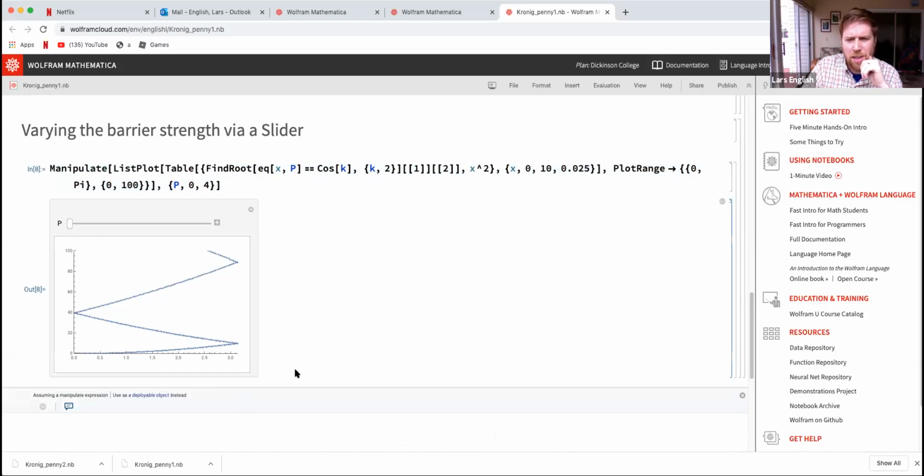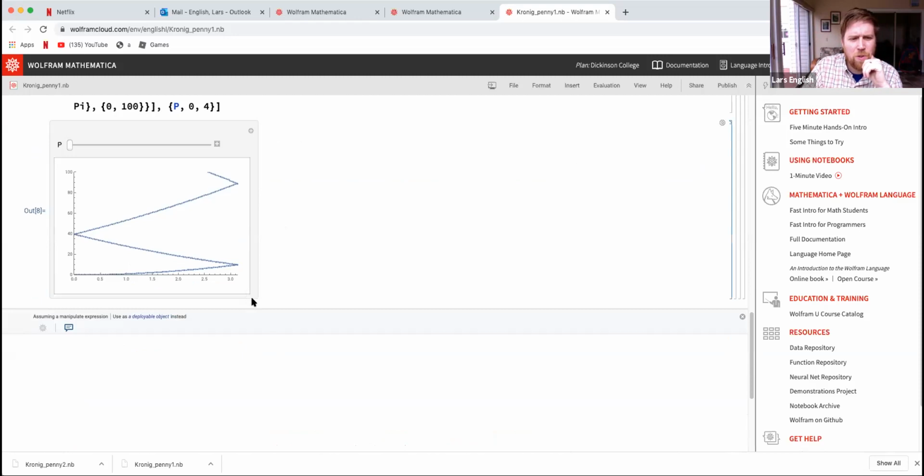I wonder if I can make that a little bit bigger for you here. It's having trouble expanding, I believe. Okay, I can't expand it, but you might be able to see it here. Up on top is the slider for P, and right now P is at 0.